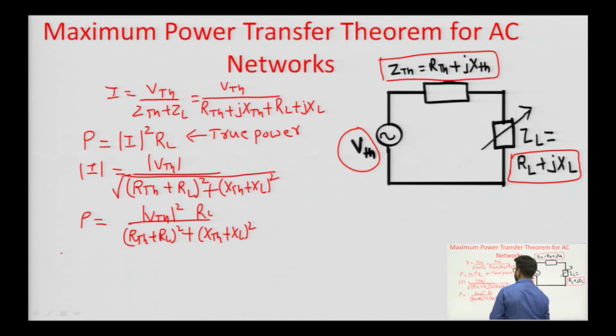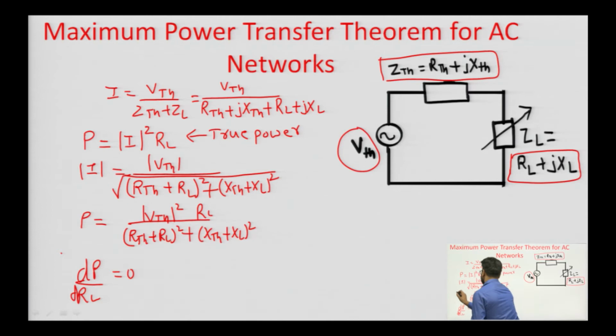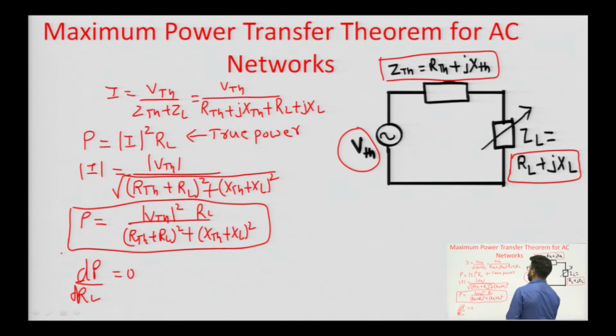So, this will be the power. Now, we will differentiate this power with respect to RL to find the condition for maximum power. So, the total power is VTH square into RL upon RTH plus RL, whole square, plus XTH plus XL, whole square.